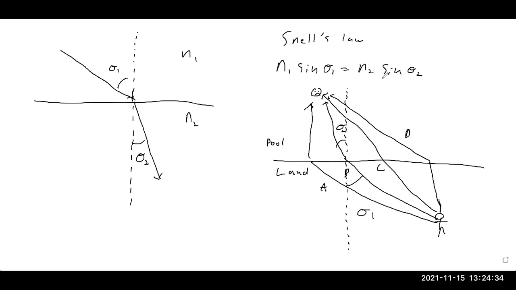So that means the sine of the angle or the angle needs to be smaller. So this is our qualitative how to optimize, and Snell's law is if you put numbers on it and get it all to work out, that gets you there the fastest. And that is the path that light will take.